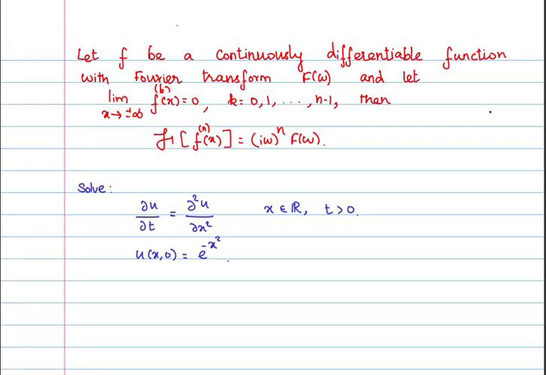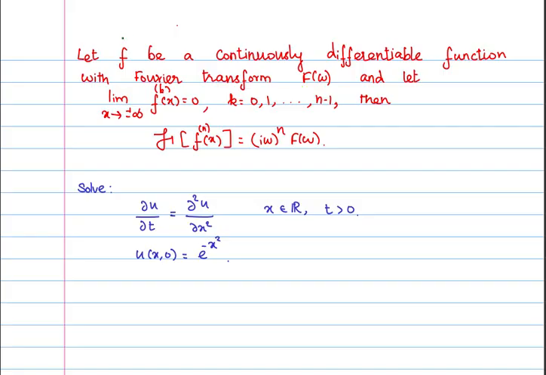Hi friends, in this video we are going to see how to solve the PDE using the Fourier Transform. Before we start, we are going to state the derivative of the Fourier Transform. Let f be a continuously differentiable function with Fourier Transform F of omega.